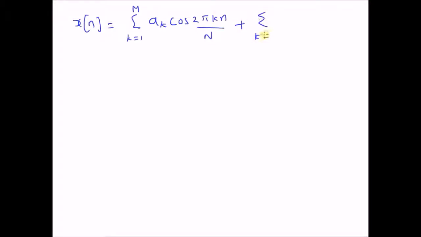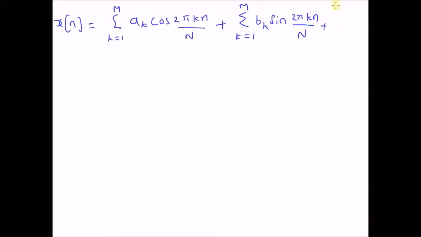That is, given the following observational model, x of n is equal to the sum k equal to 1 to m a_k cos of 2 pi k n over N plus the sum k equal to 1 to m b_k sine of 2 pi k n over N plus the noise component w of n.